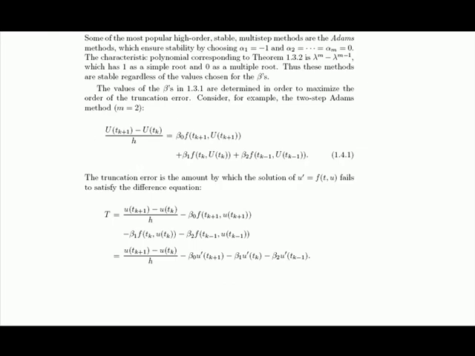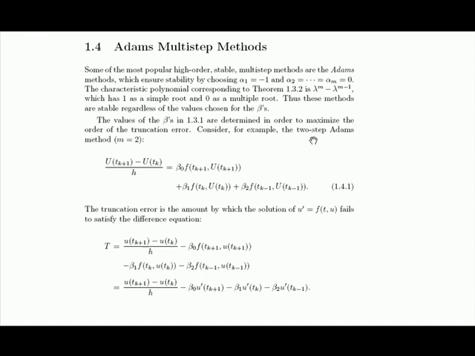Okay, in the next section, we're going to talk about the Adams multi-step methods. In these methods the left-hand side is just like Euler's method, u of t k plus 1 minus u of tk over h. So they approximate u prime the same way as Euler does, but with a more general right-hand side involving the betas.